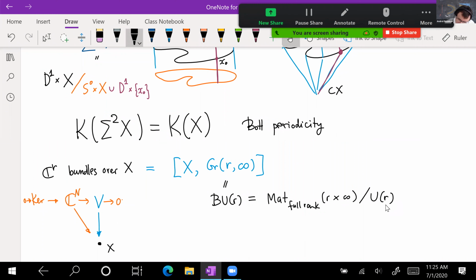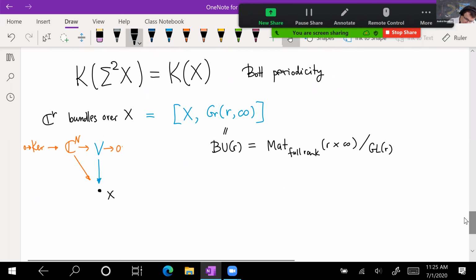This is a contractible space, and maybe if I write it like this, then it should be GLR. If you take some kind of Hermitian norm, and then take the norm to be 1, then you mod out by UR.